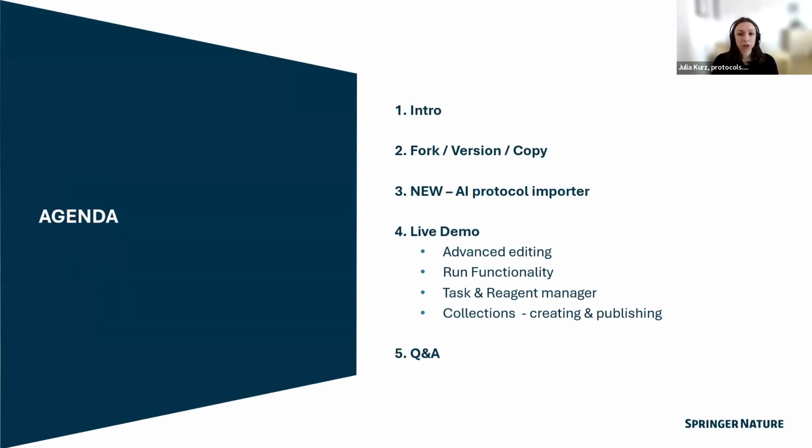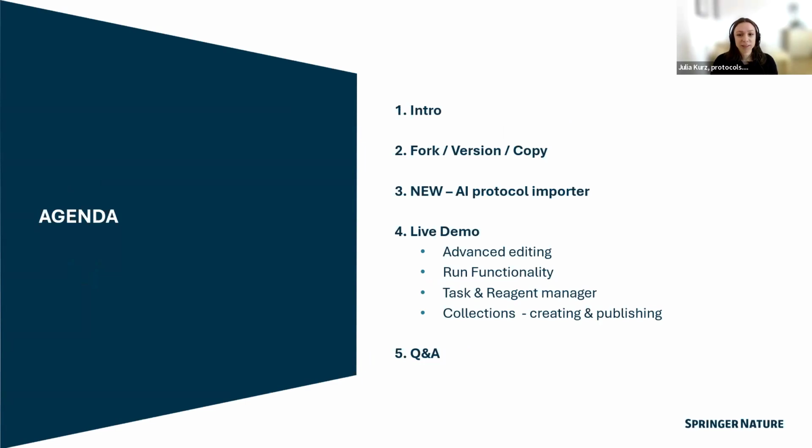So as a quick agenda, I'll briefly give an introduction and refresh about why Protocols.io exists. Then I'll talk about some of the different terminology that we use on the platform, such as fork, version, and copy. I'll then show you how to use our new AI protocol importer.